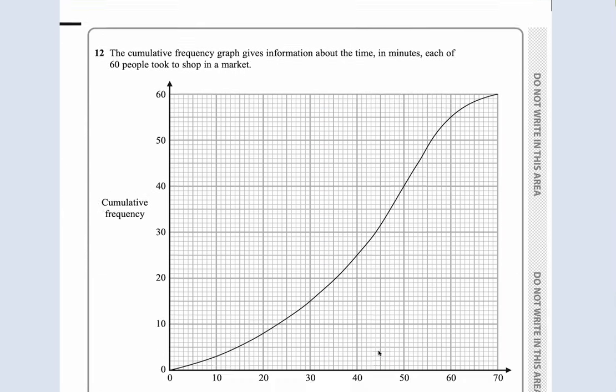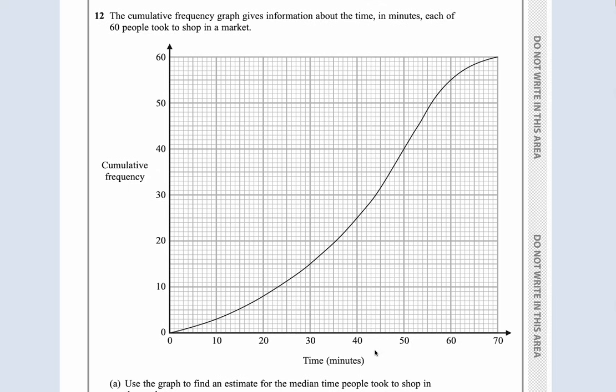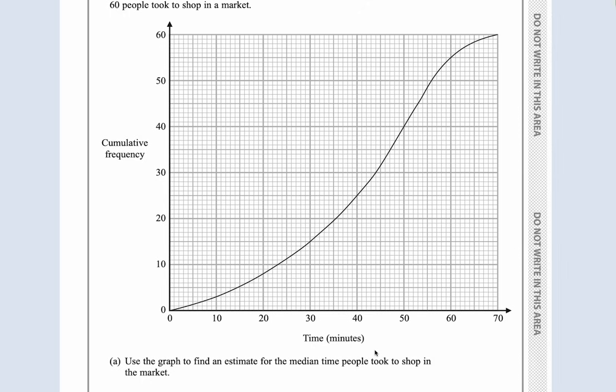Okay, question 12. Cumulative frequency graph. 60 people. It's how long 60 people took to shop in a market. Use the graph to find an estimate for the median time people took to shop in the market. Okay, so the 60 people, we half 60, which is 30.